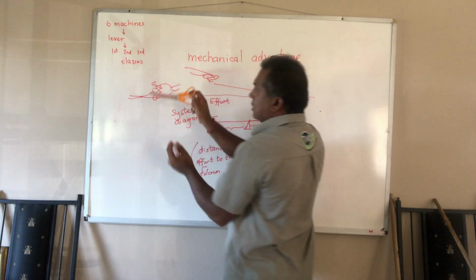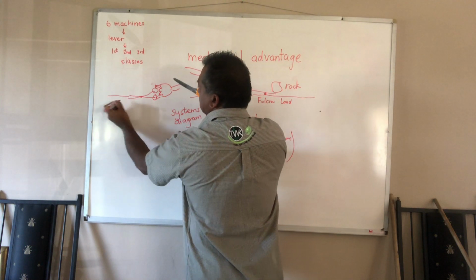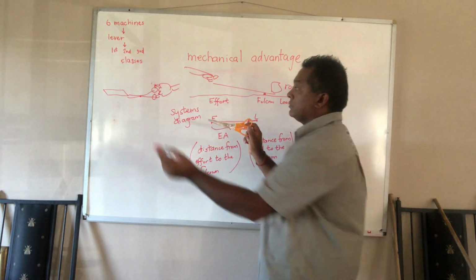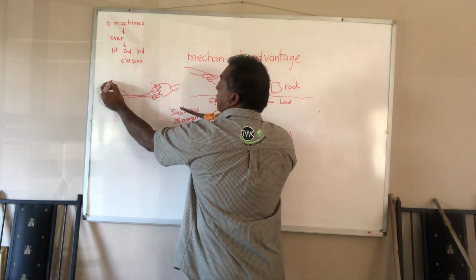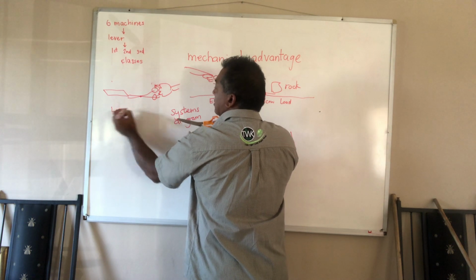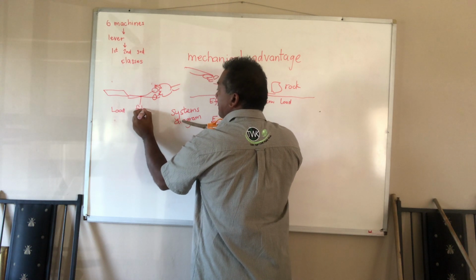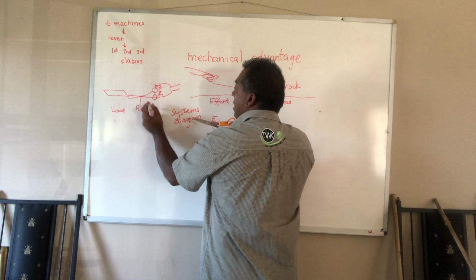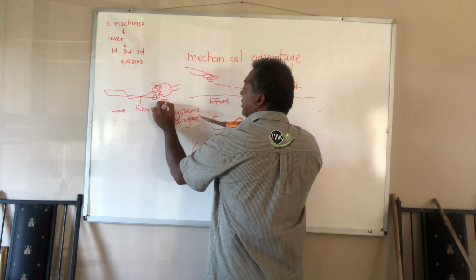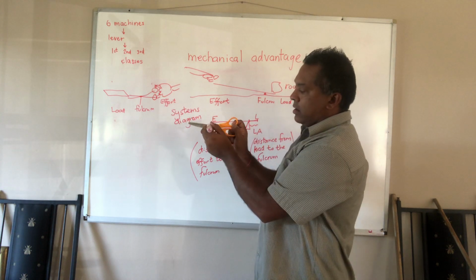And that is something that I want to cut, so that is going to be called the load. That part there is called the fulcrum. And that would become the effort. So there we have the scissor.